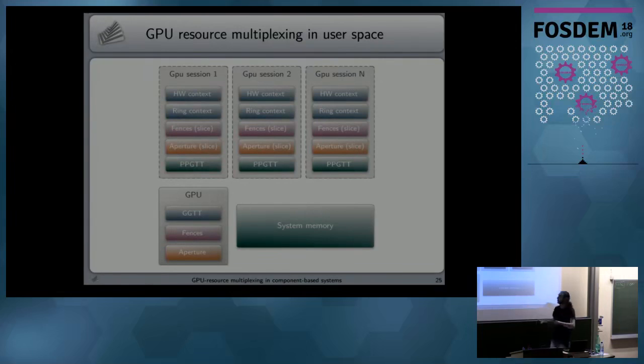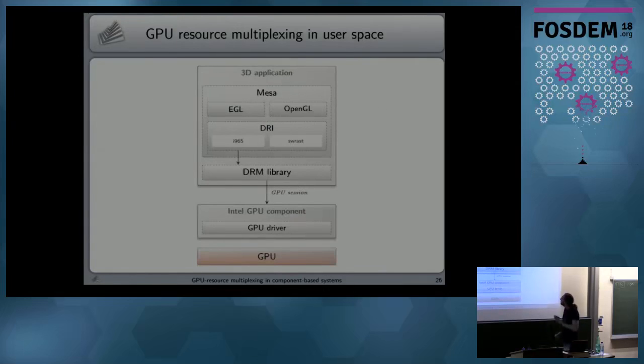You have this session interface where a client can say, okay, I want a GPU session, and the multiplexer will allocate all the necessary resources for you, and you can submit your command buffers like you would do in DRM, just in user land, through a different kind of session. Here you have n clients, and this is the information every client has to be provided. As I said, you have to slice the fences and the aperture. There's a page table per client and a hardware context.